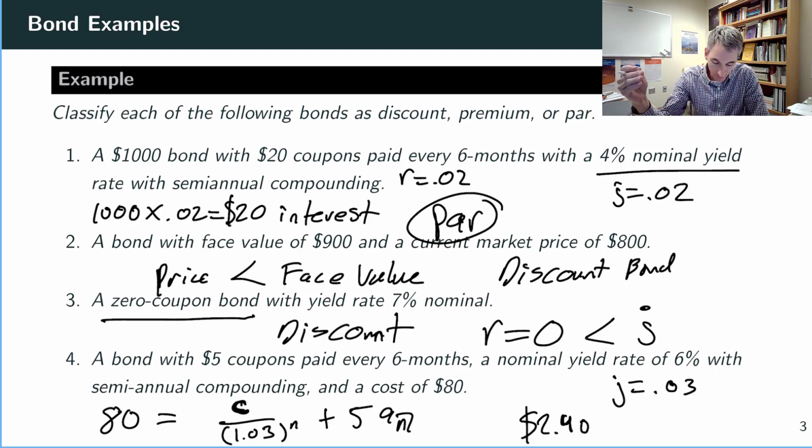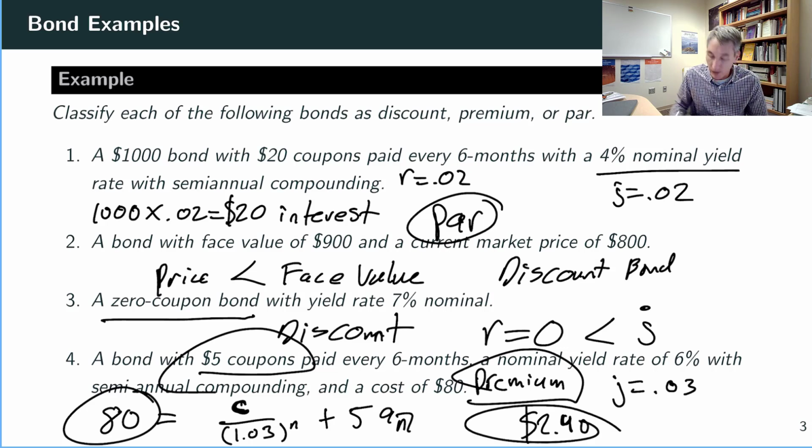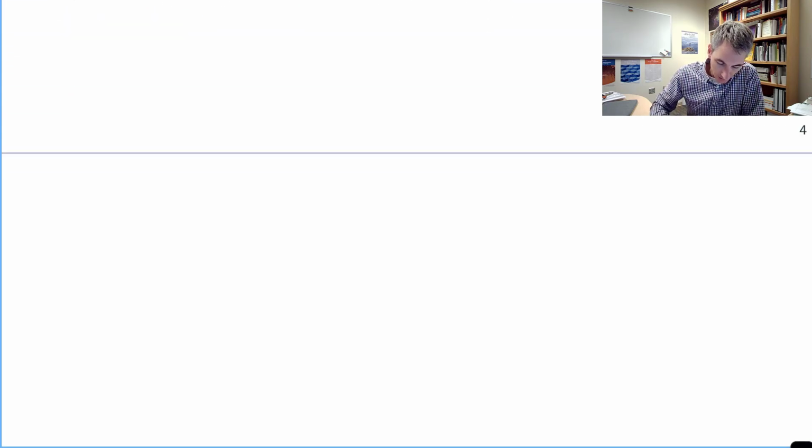Now the coupons are $5, which is more than $2.40. So the coupons are bigger than the par value coupons. So that means it must be a premium. This one's a little tricky. It must be premium because there's too many coupons. You've got $5 coupons. A par bond of $80 would only have $2.40 coupons. All right, so it's got to be a premium bond.